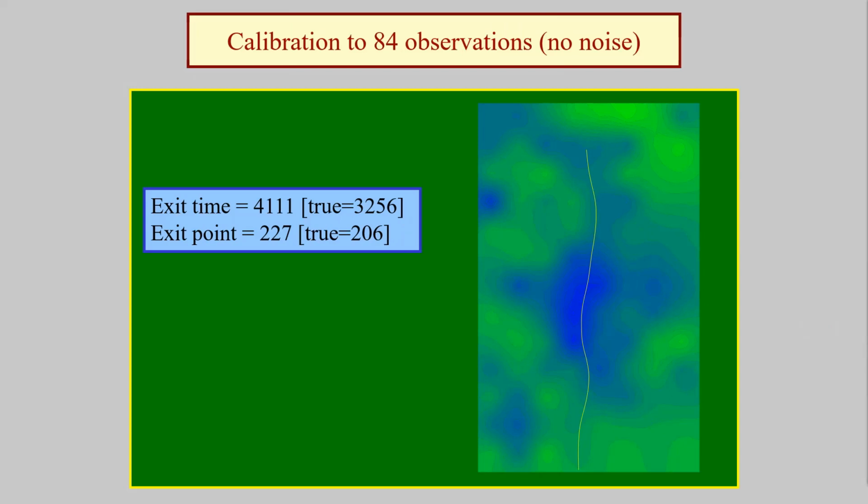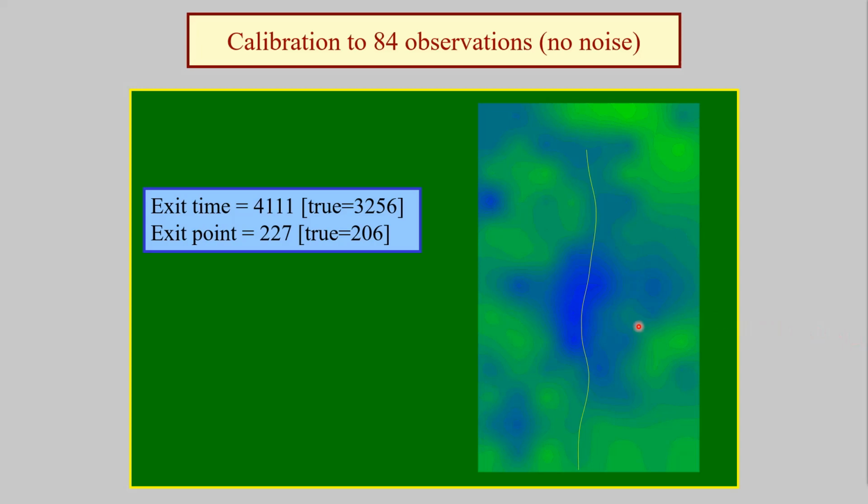Furthermore, because there is no noise associated with those head measurements, my target measurement objective function is 0. So I get as much information out of those 84 head measurements as is contained within those 84 head measurements, because that information is not contaminated by measurement noise. Nevertheless, I'm still lacking a lot of detail.